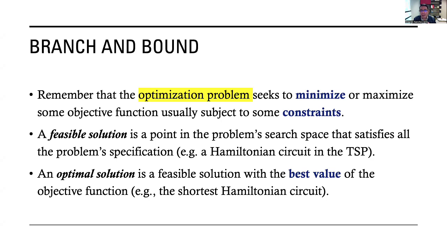So again, going back to my example of the traveling salesman problem, the optimal solution is going to be the shortest Hamiltonian circuit. So we're interested, of course, in exploring mainly feasible solutions, and then among them, we want to find out which one is the best one that we can get.